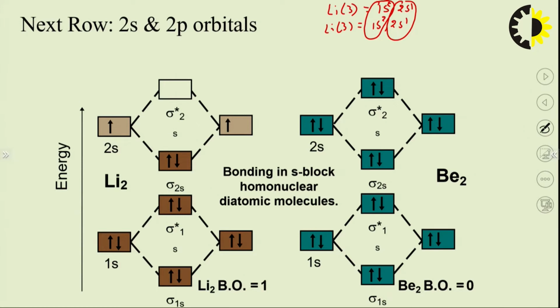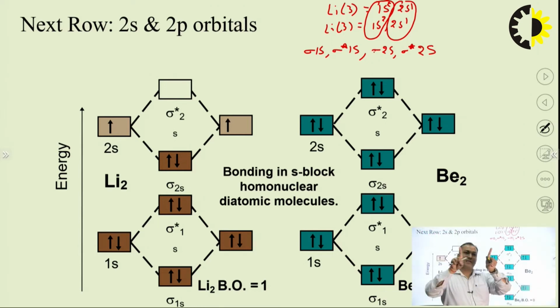So 1s2 means sigma 1s, sigma star 1s, sigma 2s, sigma star 2s. Why am I writing sigma only? Because s and s orbitals are overlapping in this manner, so sigma bonds will form, and if p orbitals are overlapping with each other, then one axis is this and two axes are this.